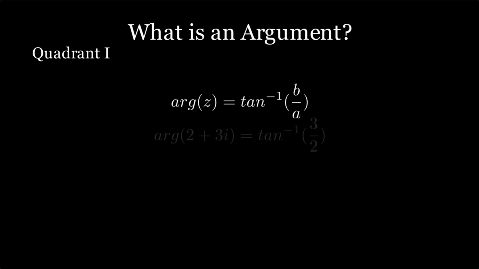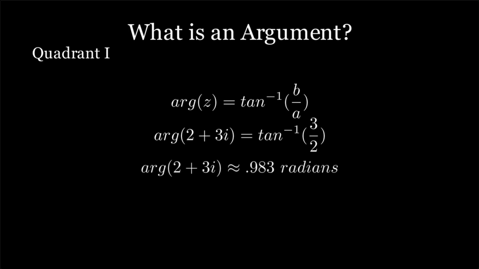So let's run through a quick example. Let's find the argument of 2 plus 3i, and so we can just do that by doing the inverse tangent of 3 over 2, or b over a, where b is 3 and a is 2. And we see that the argument of 2 plus 3i is approximately 0.983 radians.